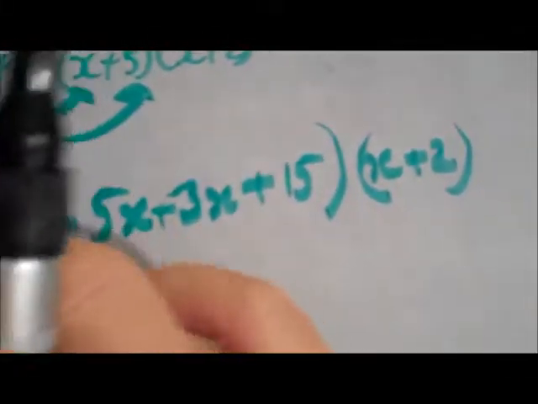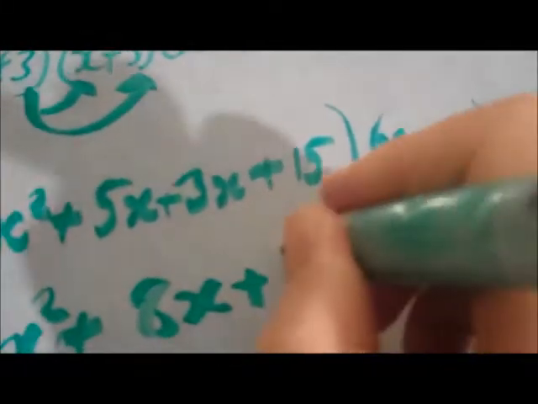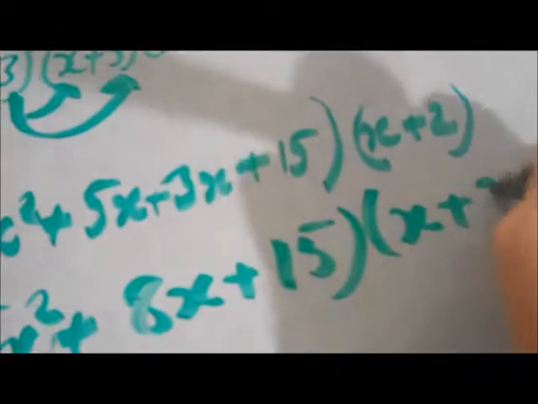So let's tidy this one up first. I've got x squared plus 8x plus 15, all multiplied by x plus 2.